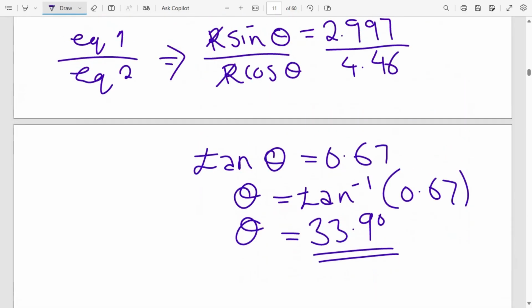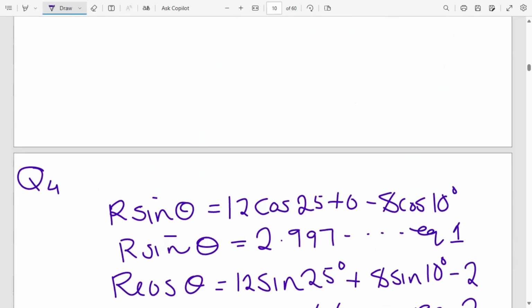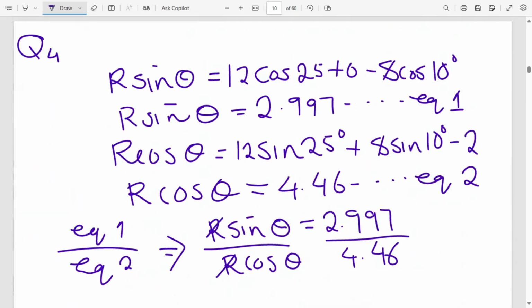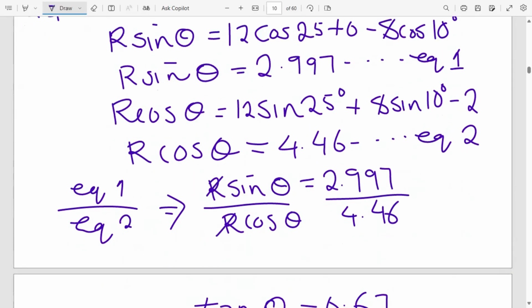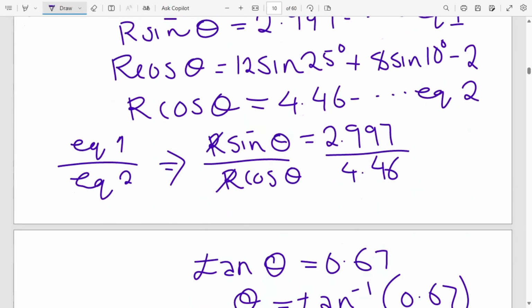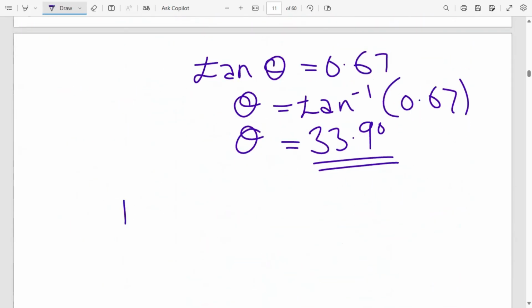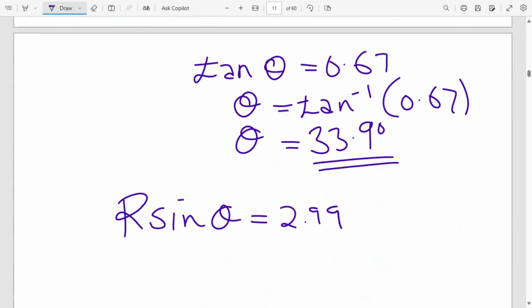We can now get this theta and plug it into the first or either of these equations. So we're going to say r sine theta is equal to 2.997. So this basically means that we're going to divide both sides by sine theta.